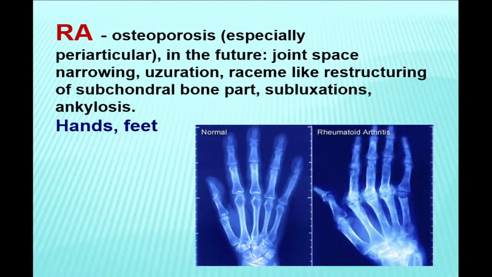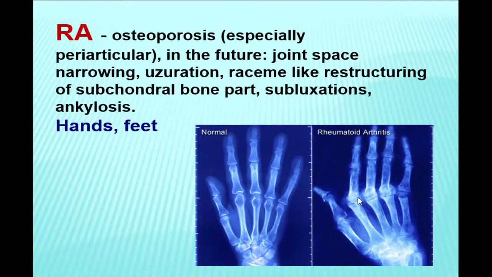X-ray examination. Rheumatoid arthritis, as I told you, if you remember, first of all starts from the surrounding bones and is characterized by progressive osteoporosis. Problem with joint space, which is narrowing.